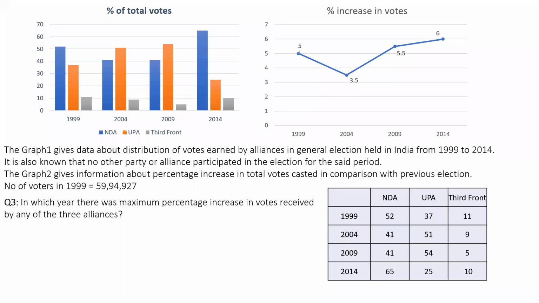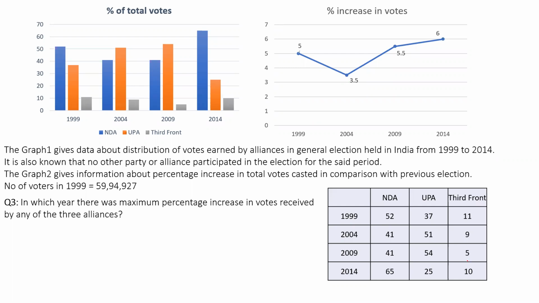Question 3. In which year was there a maximum percentage increase in votes received by any of the 3 alliances? Now, here also we can use the successive percentage change concept that we used in the previous question.